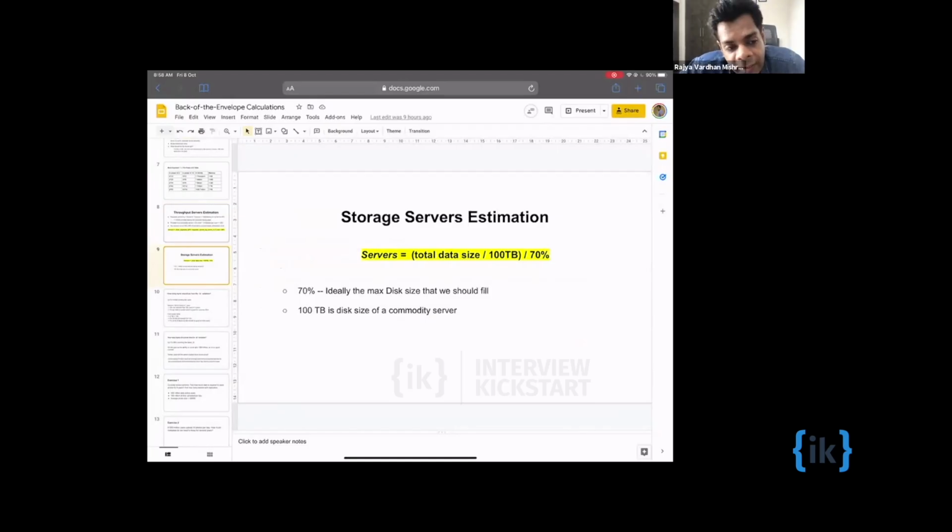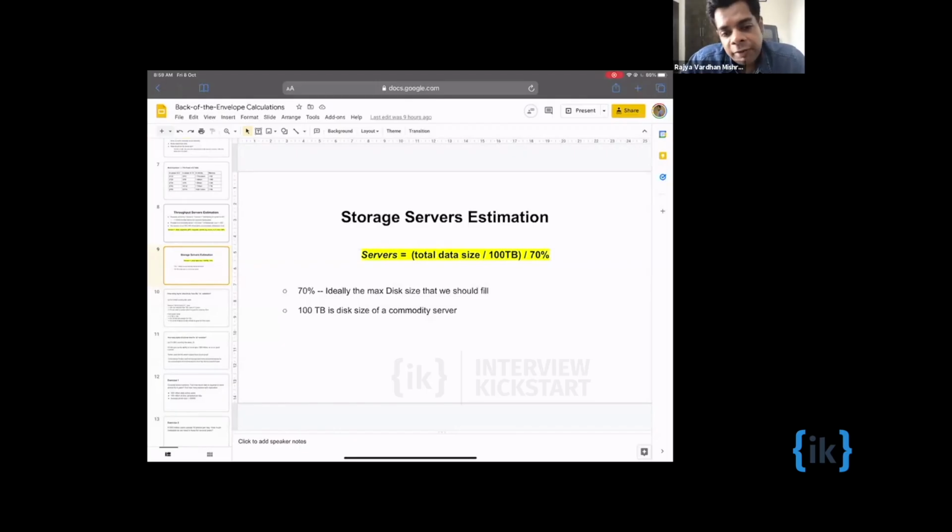We will see an exercise on how we calculate this total data size requirement. Once you have identified the total data size requirement, you divide it by 100 terabyte, because we know from the previous slide that 100 terabyte is the disk size of a commodity server, right?